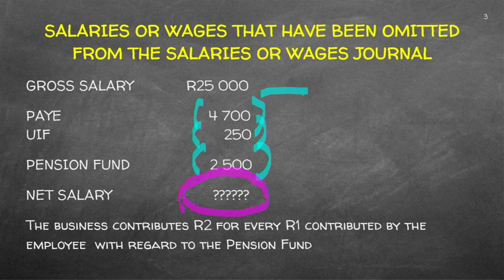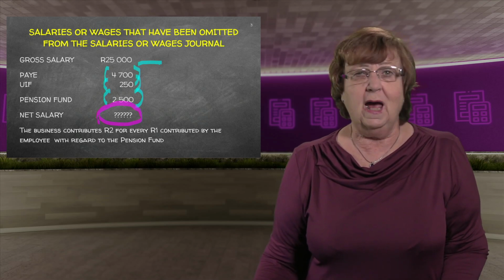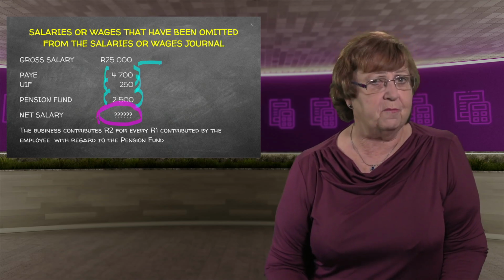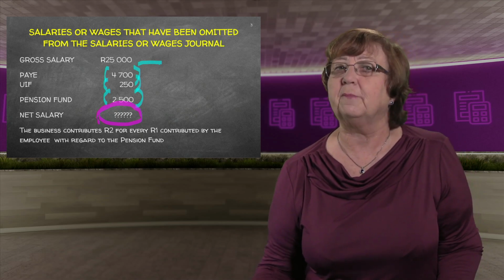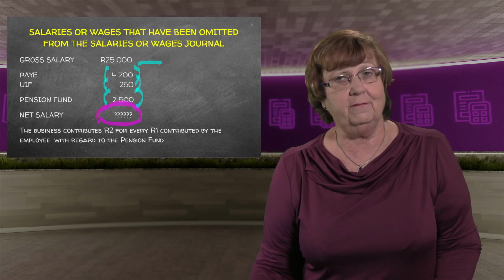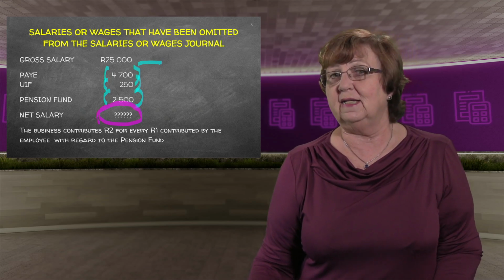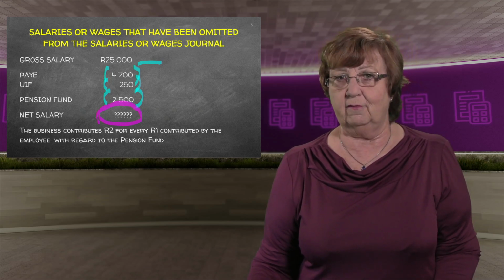They may not even put in net salary, so that line could be omitted. But you are expected to know that your PAYE, your UIF, your pension fund, and of course you could have medical aid here as well as a pension fund, are needed to be deducted so that we can establish the net salary.